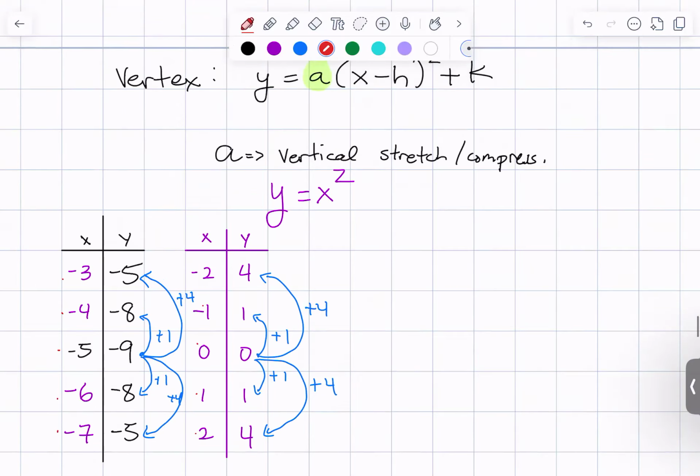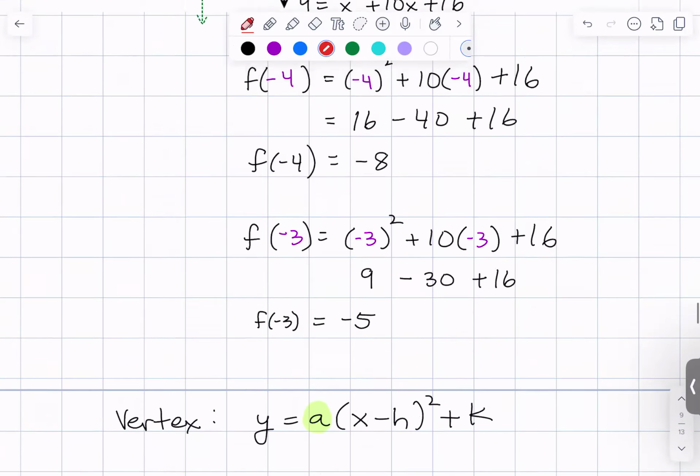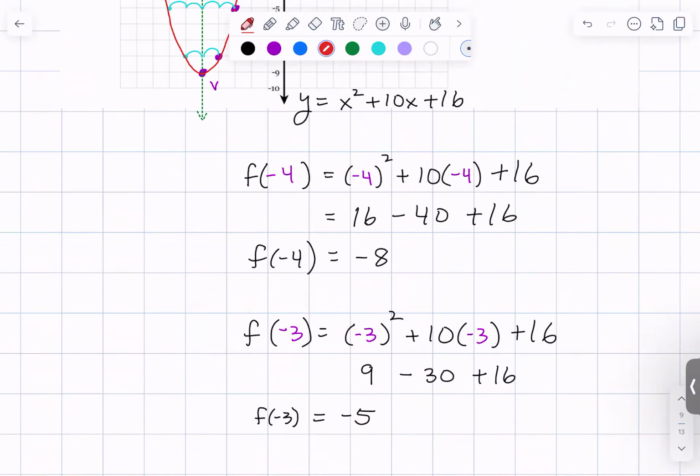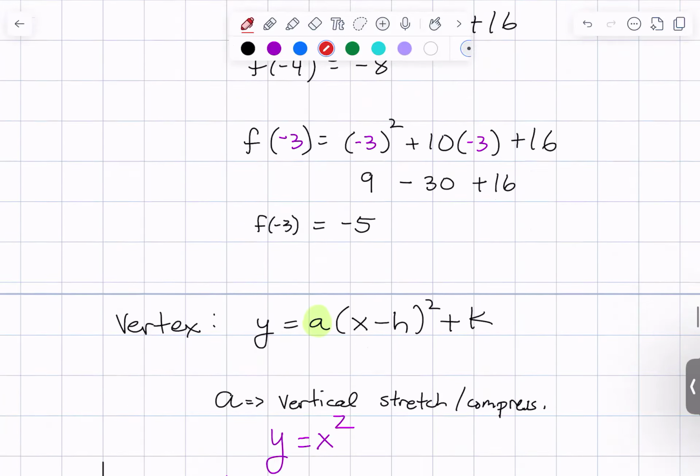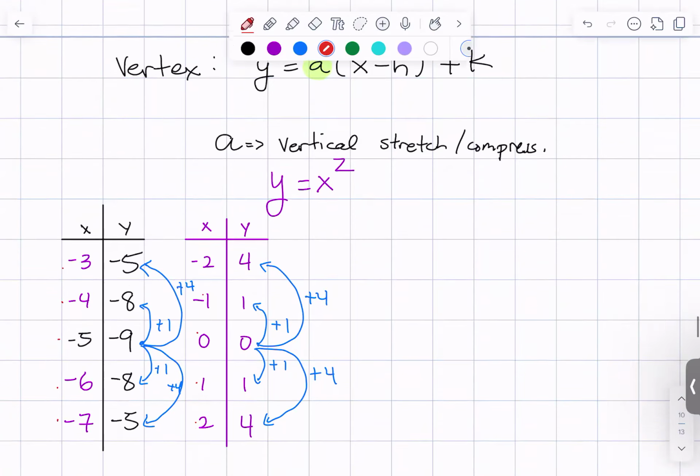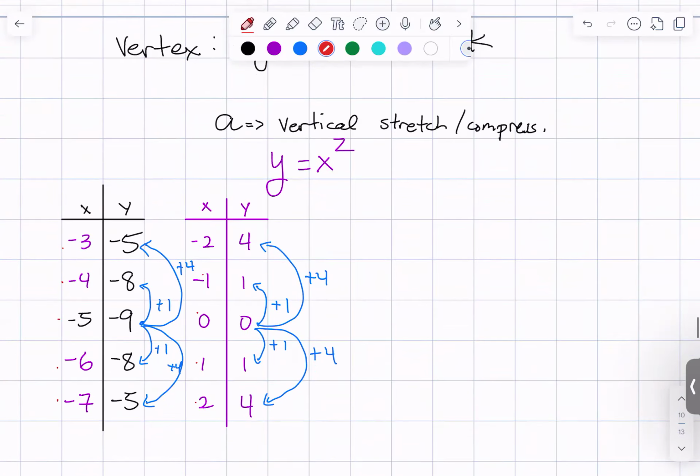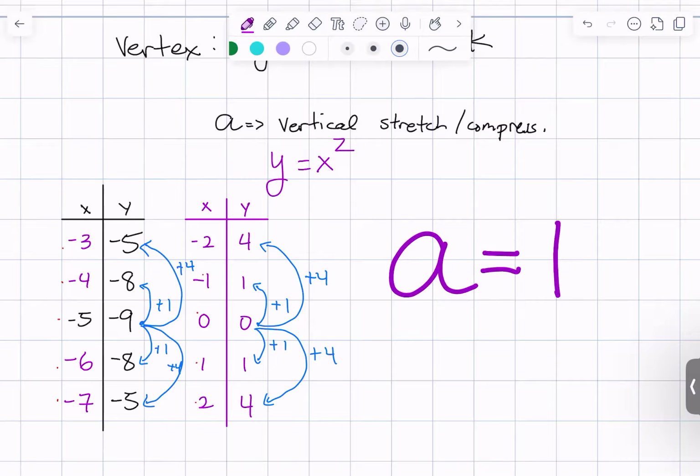So both ways work. If you like the algebra way, do the algebra way. If you like this way, go ahead and do that. But in this way, I'm going to write it really big: my a value needs to equal 1 in order to use this way.